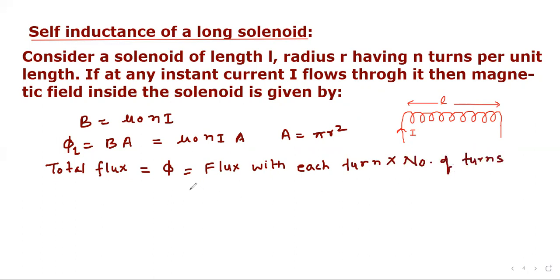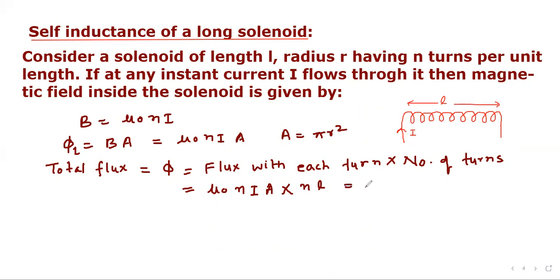So flux linked with each turn is mu naught n I A times number of turns will be n times L. So n times L, because n turns per unit length and length is L. So total turns will be nL.